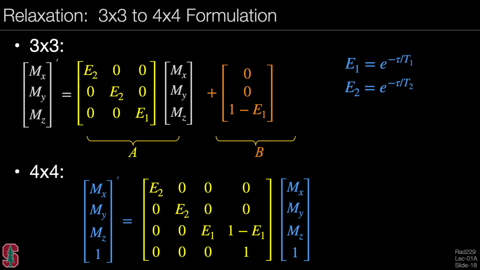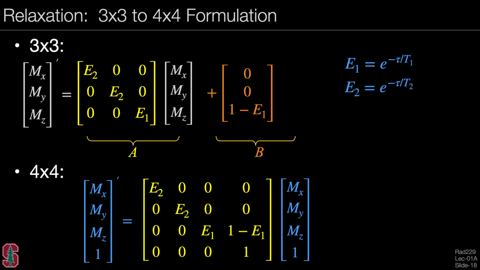So let's look at relaxation. If we go from the 3×3 to the 4×4 formulation, again we use the shorthand with E1 and E2. You see that the magnetization after the relaxation here is the A matrix times M plus B. But if we write this in the 4×4 formulation, again in the block diagonal form, more or less, we have the 3×3 A matrix here, we have a 1 in the bottom right, and the rightmost top 3 elements here are the original B vector.